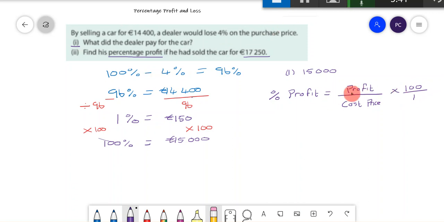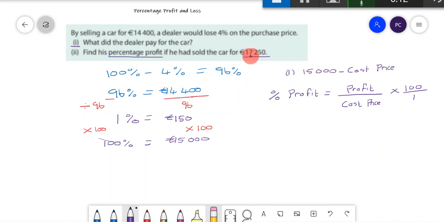So we need all of these parts here. The cost price is what he paid for the car, and this is what we worked out in part 1. So the cost price is 15,000. To work out the profit, it's how much he could sell it for minus how much he bought it for, the difference between those.